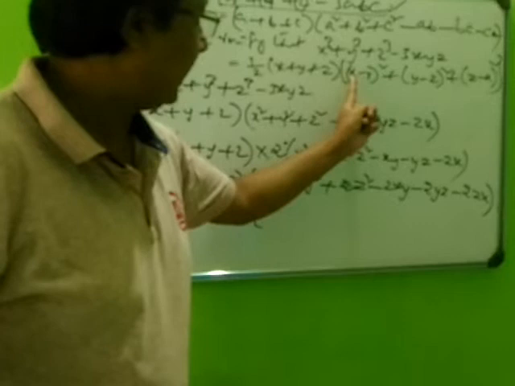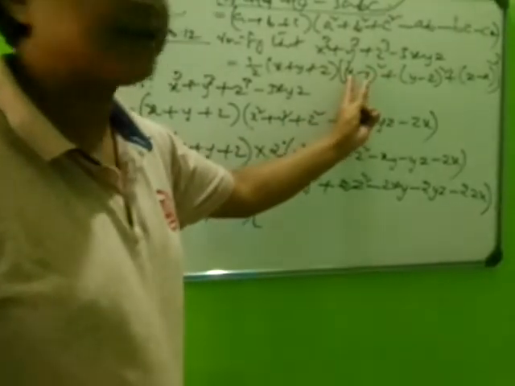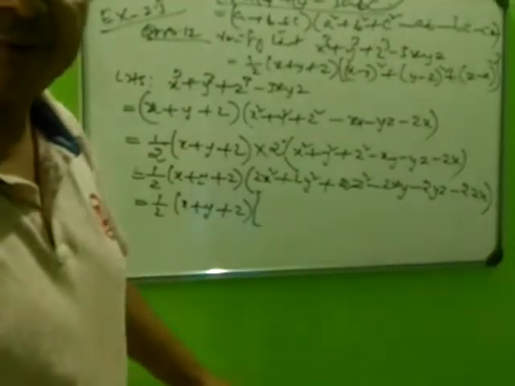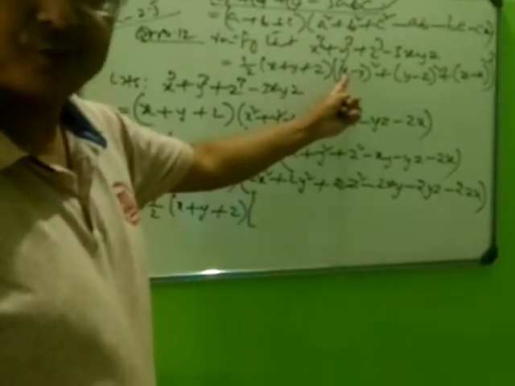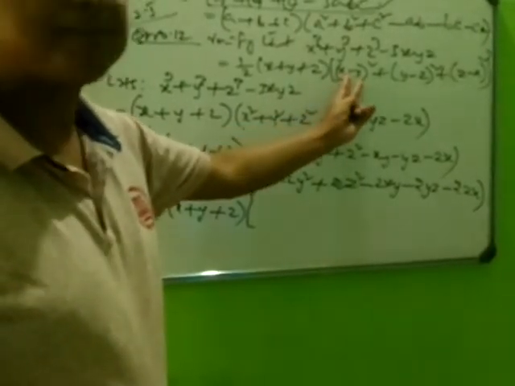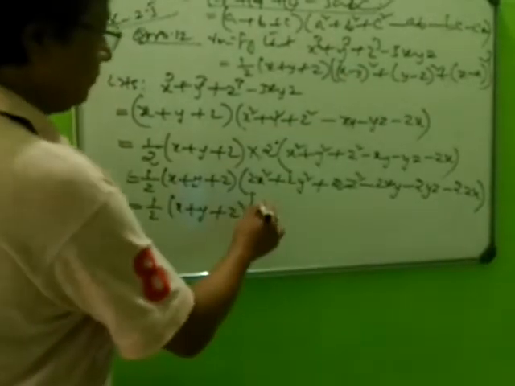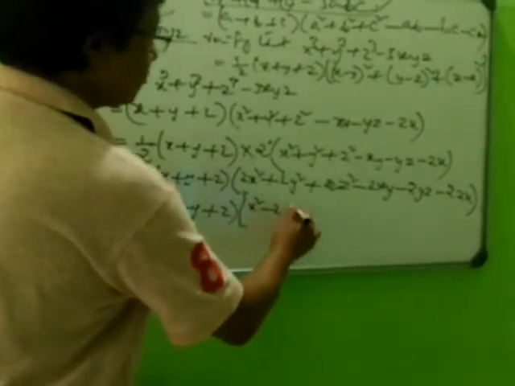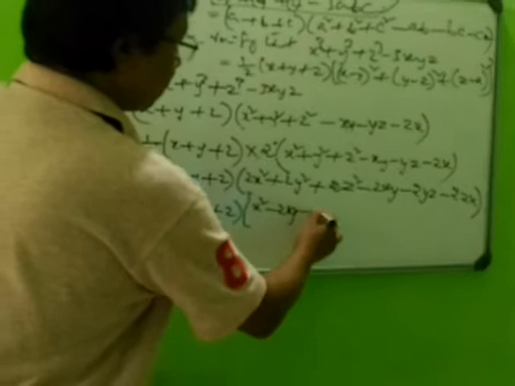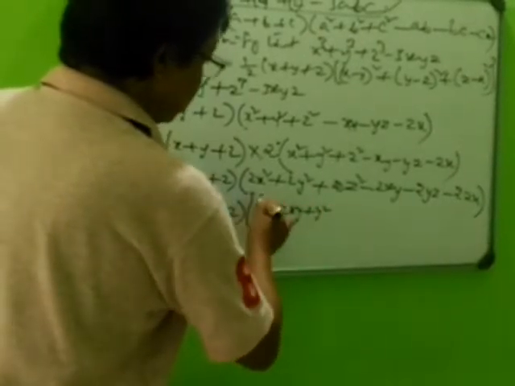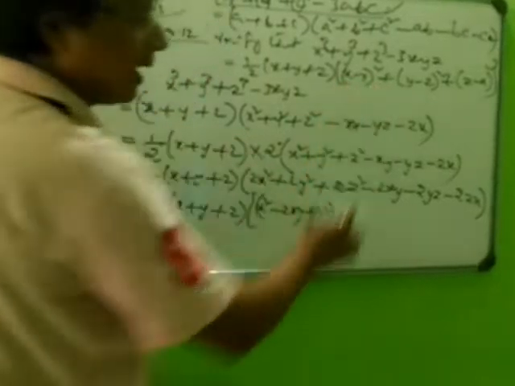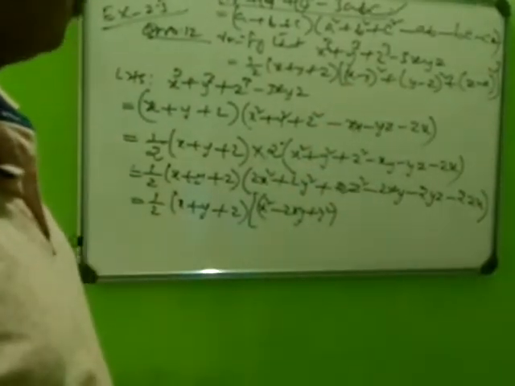Just expand a minus b whole square. So x minus y whole square is in the form a minus b whole square. So this will be x square minus twice xy plus y square. So you have used the identity a minus b whole square.